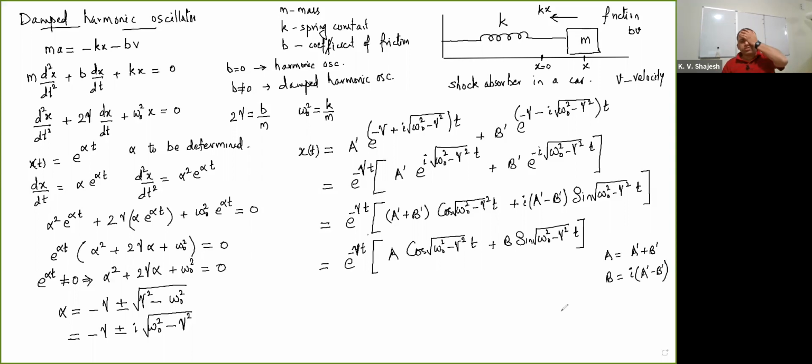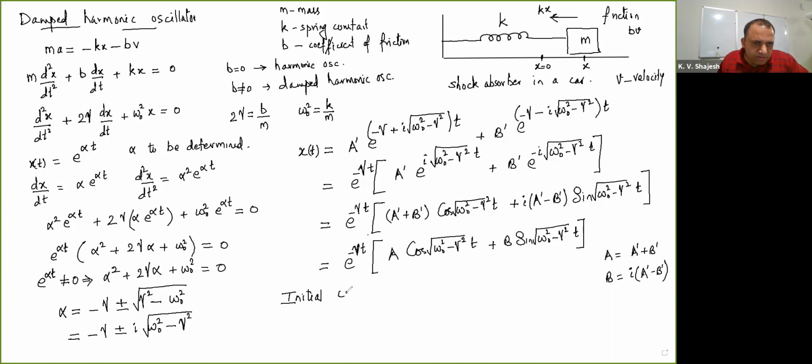So it doesn't matter because a and b are two different integration constants. We have to give some initial conditions to the problem. Then we can specify our a and b.